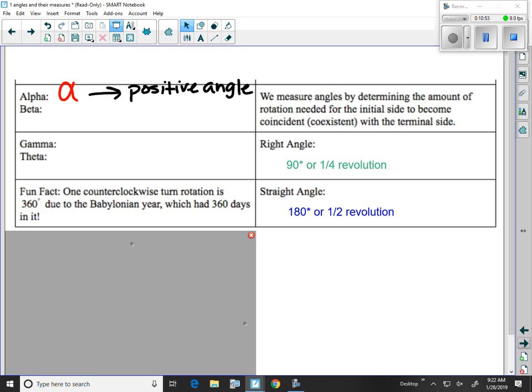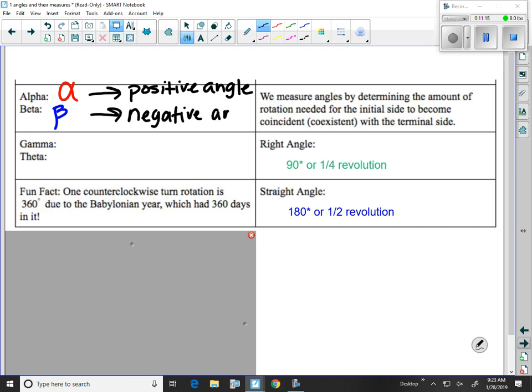Beta is a capital B with an extra stick at the bottom. Capital B with an extra stick, that's beta. That's how we label a negative angle. Gamma is a lowercase y with a loop.